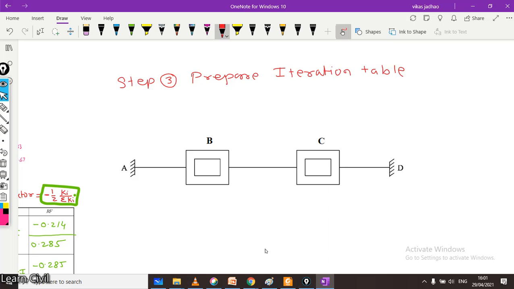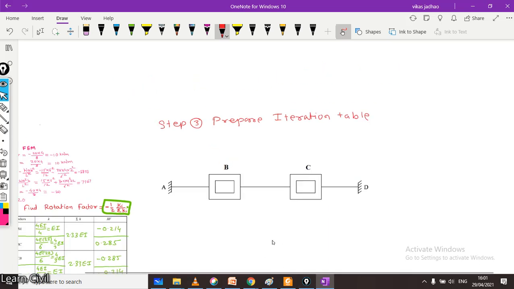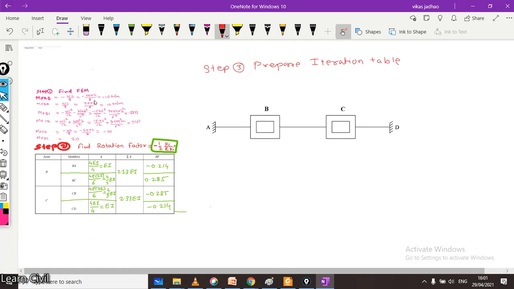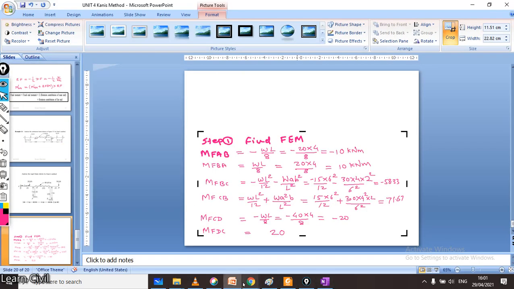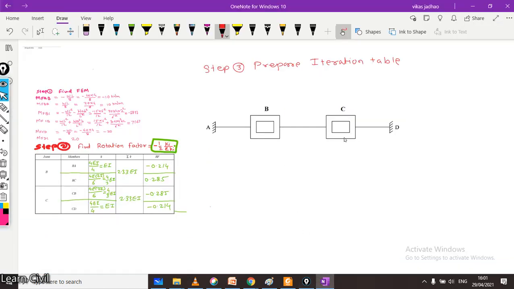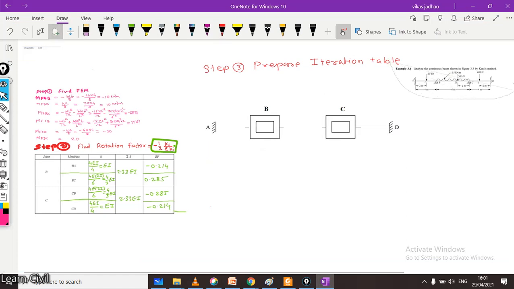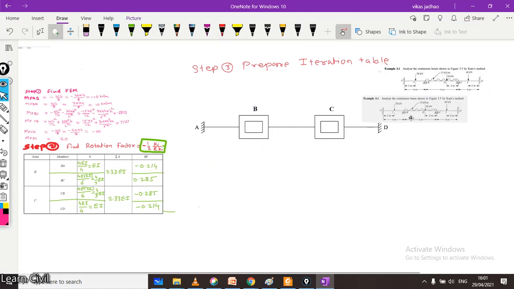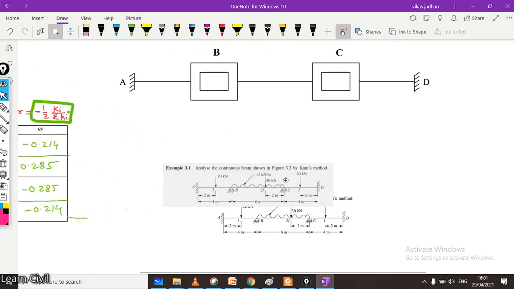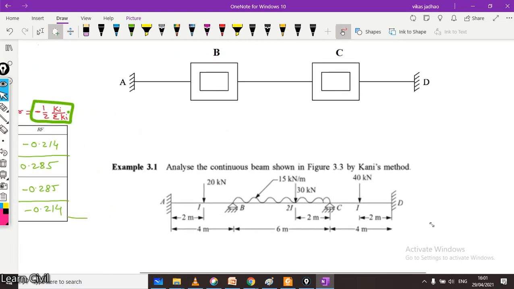Okay, we have our beam. The beam is something like this. We'll be preparing the beam or iteration table like this.